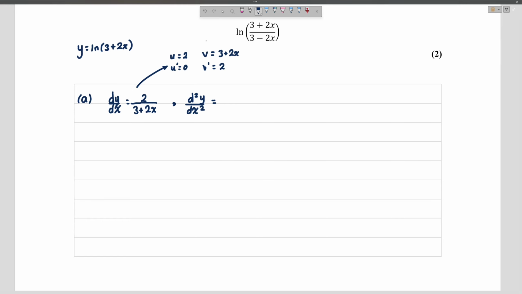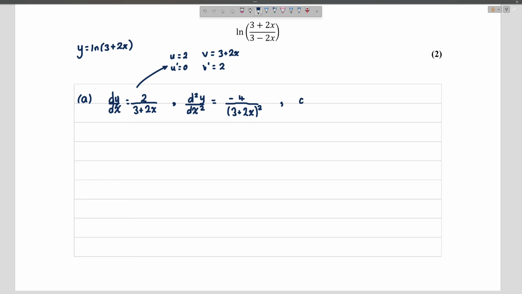Applying the quotient rule, it's v times u prime, which is 0, minus 2 times 2, which is 4, so we get minus 4, all over v squared, which is 3 plus 2x all squared. So this is the second derivative.